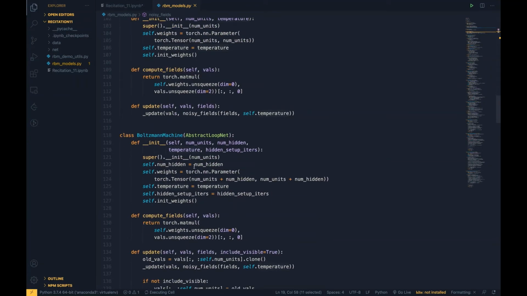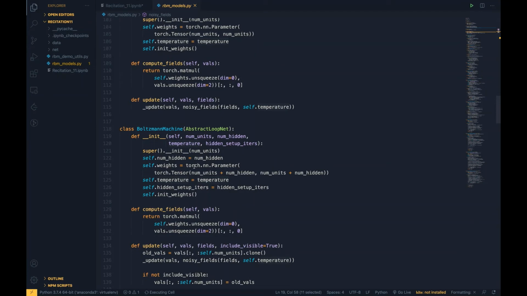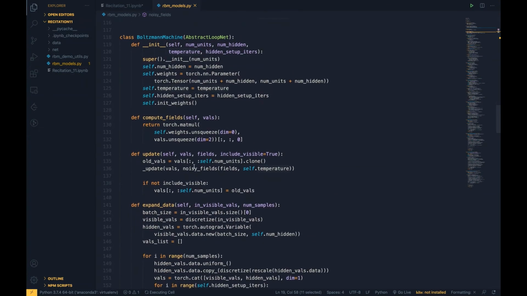Okay, now let's look at the Boltzmann machine. The Boltzmann machine introduces the hidden layers, the hidden neurons. The hidden units serve to increase the capacity, but their actual values are not important. So these hidden values do not store any pattern, but just help the visible neurons to store the pattern.